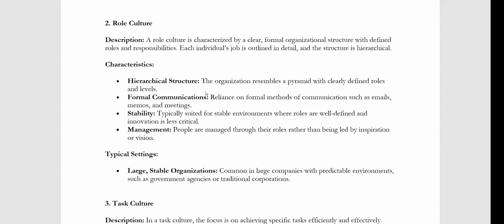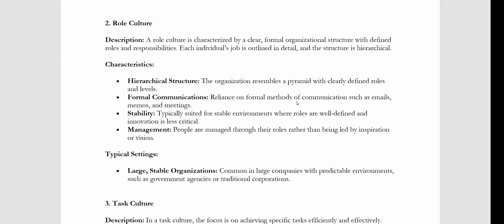So the characteristics for a role culture: there's always what? A hierarchy. The organization resembles a pyramid, which clearly defines roles and levels, and there is formal communication, right? We use formal methods of communication like emails, memos, reports, meetings, organizational charts, and the rest. Then there's stability.